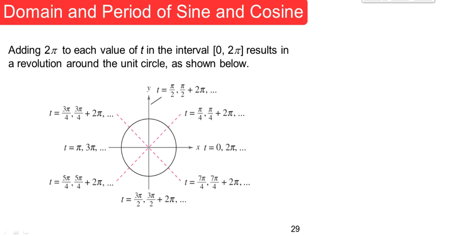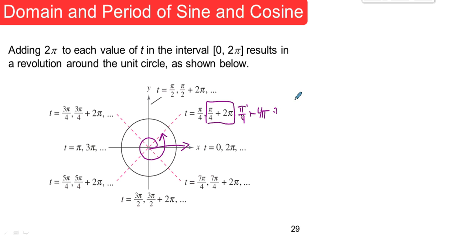And then just thinking about that adding of 2 pi, think about the fact that if I start here and I have my initial side right there and I spin a whole time and then another one, the smallest angle there is pi over 4, and then the next one is pi over 4 plus 2 pi, and then pi over 4 plus 4 pi, and then pi over 4 plus 6 pi.